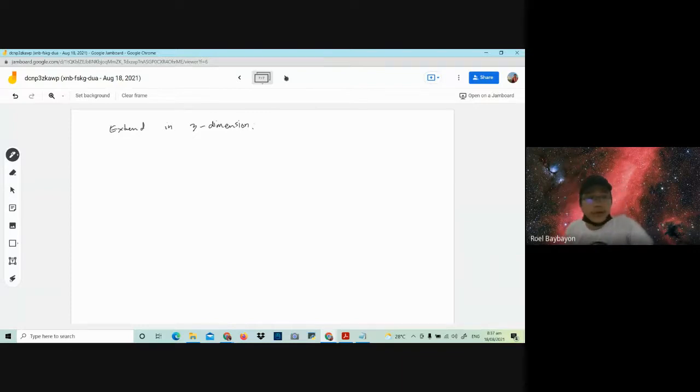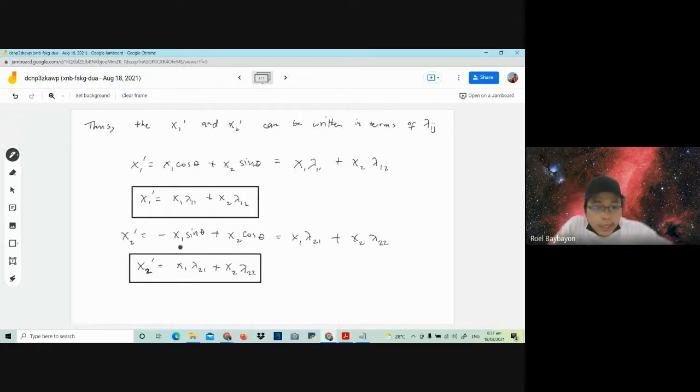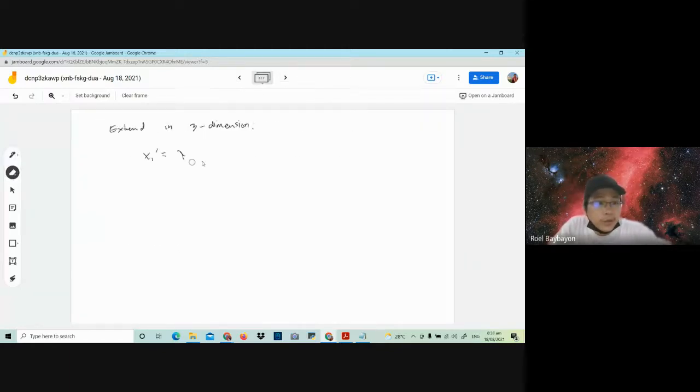So x1 prime can be written, I will put the lambdas first, okay? Because lambdas are just numbers. Okay? They are cosines of angles, so they are just numbers. So I have lambda 11 x1 plus lambda 12 x2 plus lambda 13 x3.